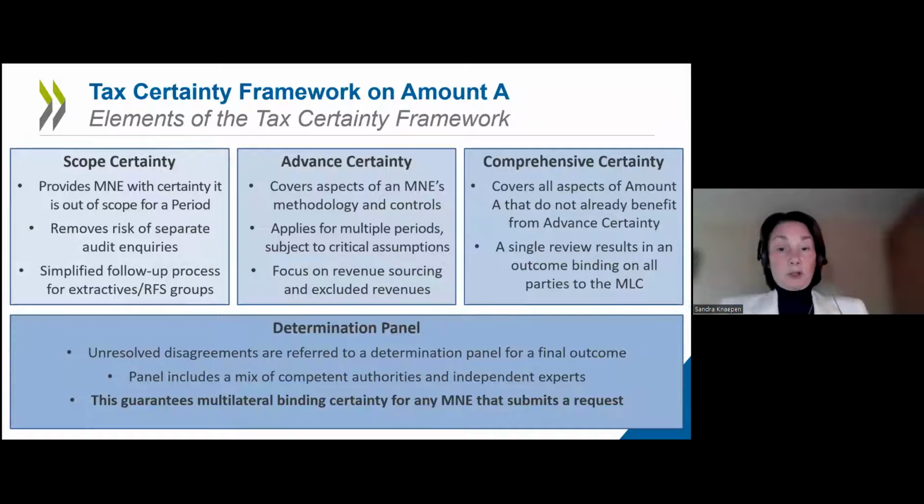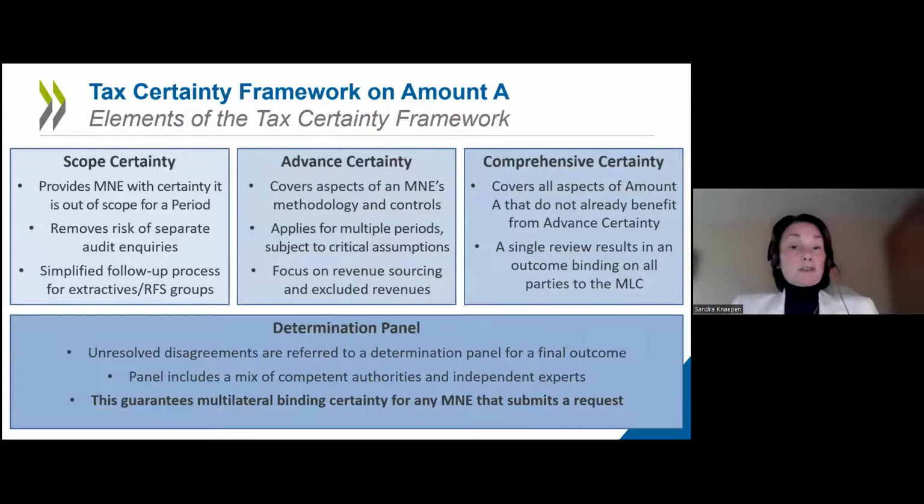When you are out of scope because you fall into the extractives or the regulated financial service exemption, and you have been considered out of scope via the process, then there will be a follow-up process based on simplified documentation that will reduce a lot of burden for the M&E.